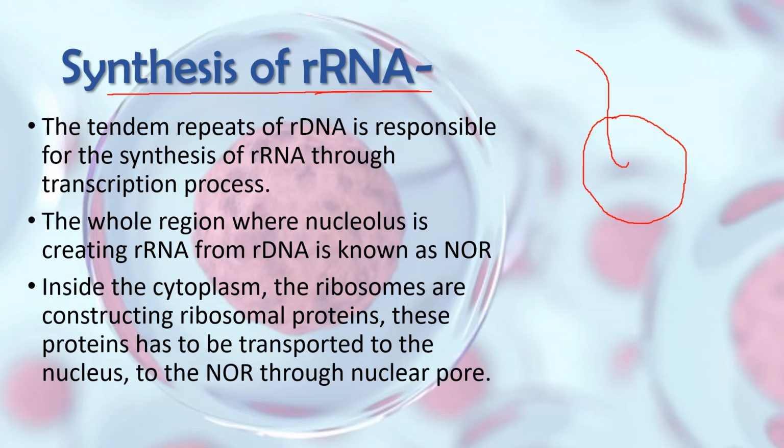I am taking just one, but 10 such NORs are responsible for the formation of ribosomal RNA. So this is the DNA strand, and the stretch of DNA present inside this nucleolus region is our rDNA, having tandem repeats of gene sequences.